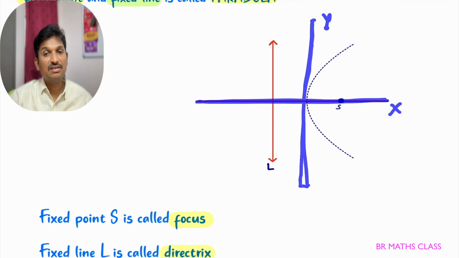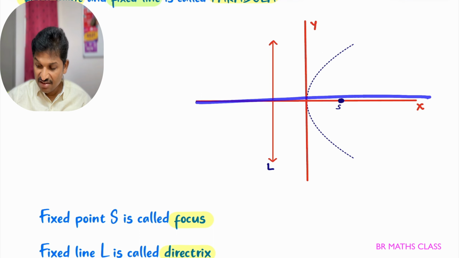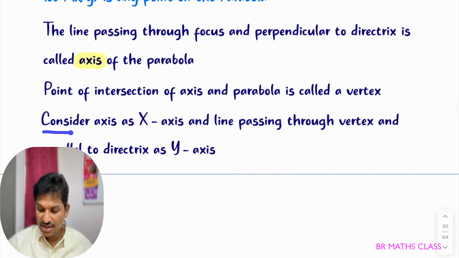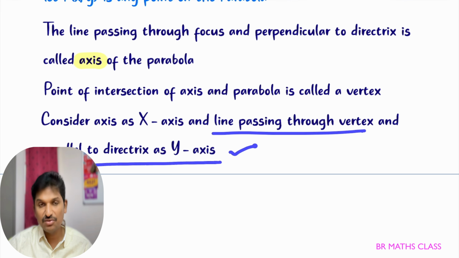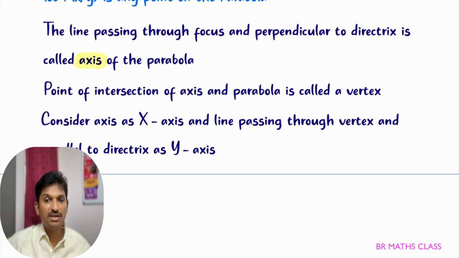You construct like this. Consider axis of the parabola as x-axis and the line passing through vertex and parallel to directrix as y-axis, as shown in the figure.